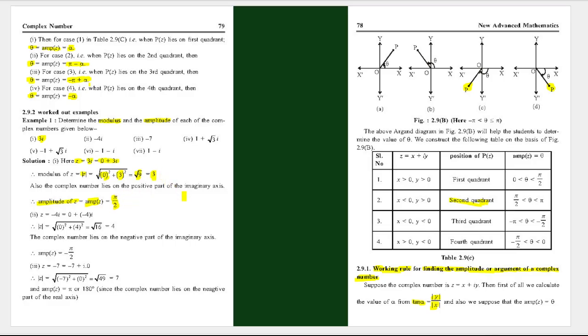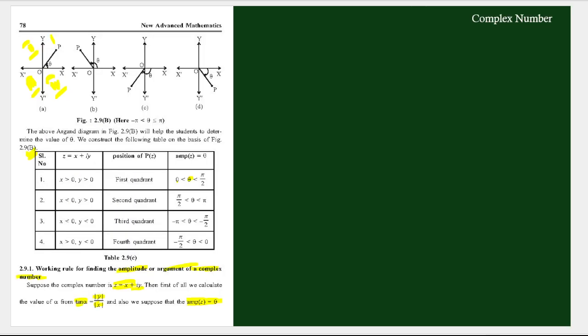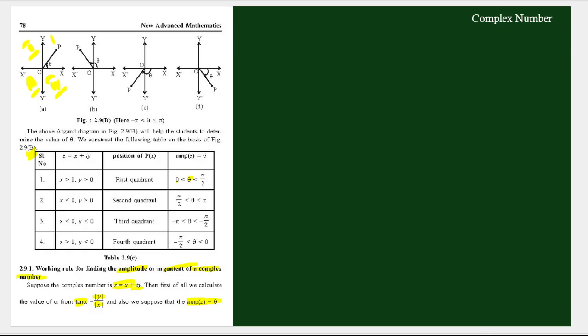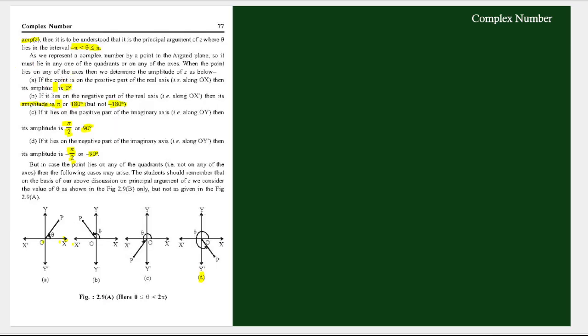Where does it lie? It lies on the imaginary axis. 3i is not a real part, right? Do you remember or not? This you have to remember. If it lies on the positive part of the imaginary axis, then its amplitude will be pi by 2 or 90 degrees.